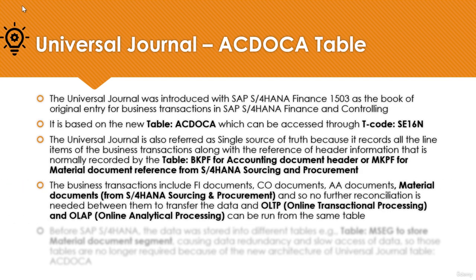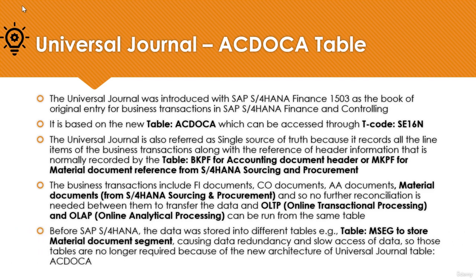The business transactions include FI documents, CO documents, asset accounting documents, material documents from S/4HANA sourcing and procurement, and so no further reconciliation is needed between them to transfer the data, and OLTP, online transactional processing, and OLAP, online analytical processing, can be run from the same table as we discussed in our first section.